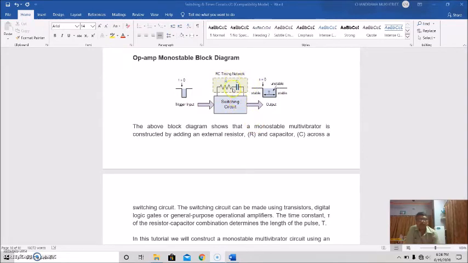The RC timing network is connected across the switching circuit, and this is the trigger input and this is the trigger output. This is the stable state, and this is the unstable state.